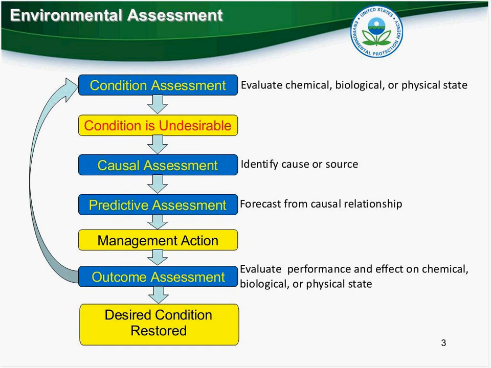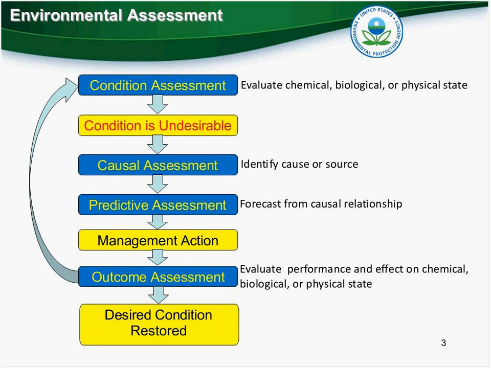And when you have an undesirable condition, you really want to know what caused that, and that's where causal assessment comes into play. Causal assessment is the methods used to identify the cause or the source when it's not obvious. From there, you go into what's called predictive assessment, where you can forecast from the causal relationship.